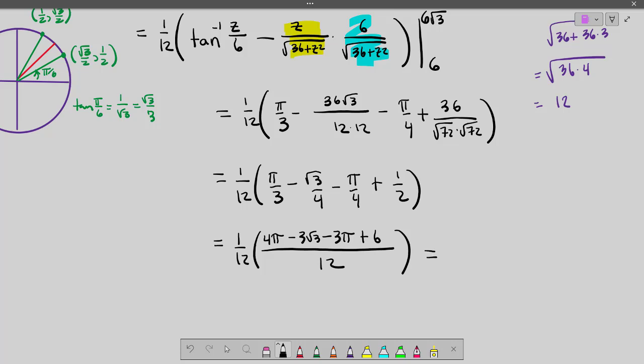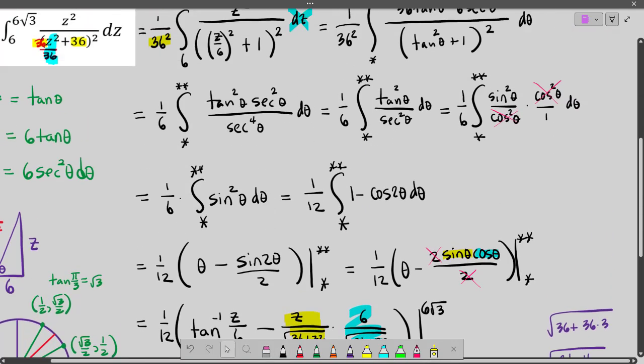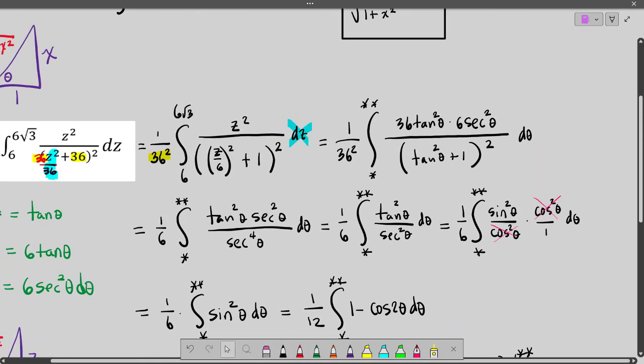And that should give us our simplified answer, which is pi, and then the constants can only be rewritten, they can't be combined. Denominator, 144. So there is our area. Gross. There's the area underneath that hideous curve.